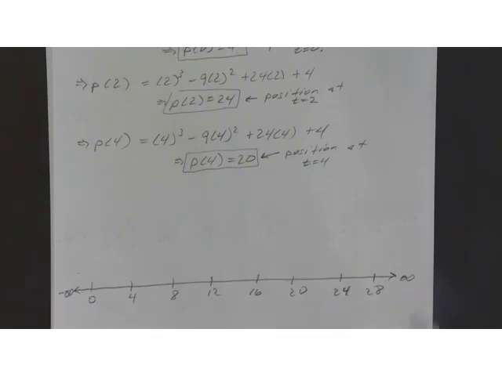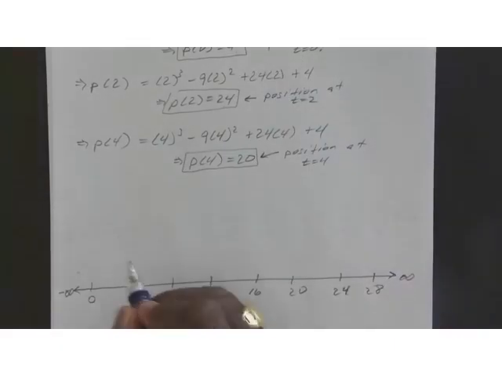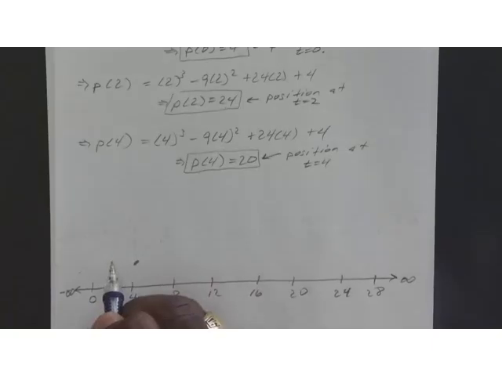Okay, so we know that when t is equal to 0, our position is at 4. So our position is right here at 4, and that's when t is equal to 0.